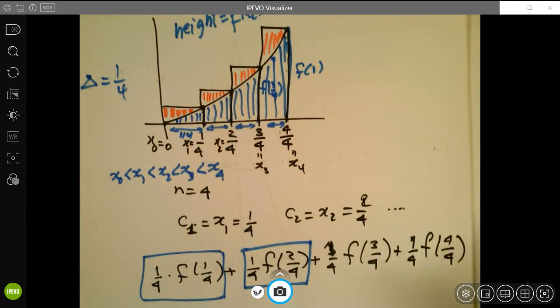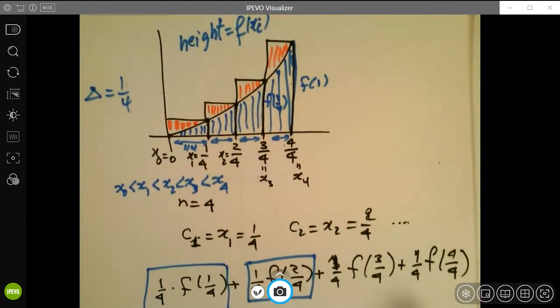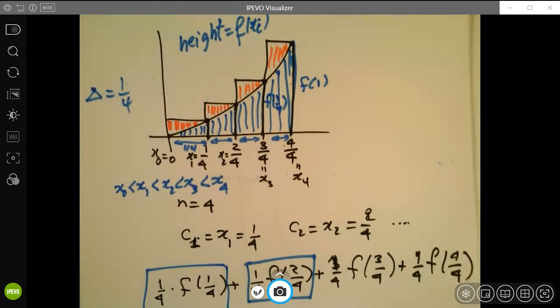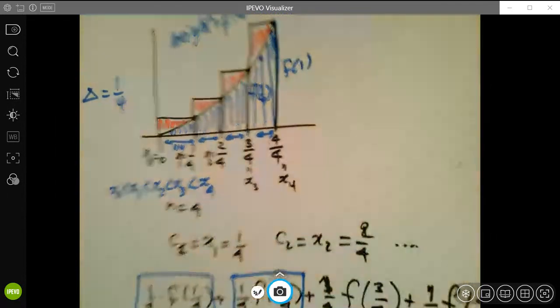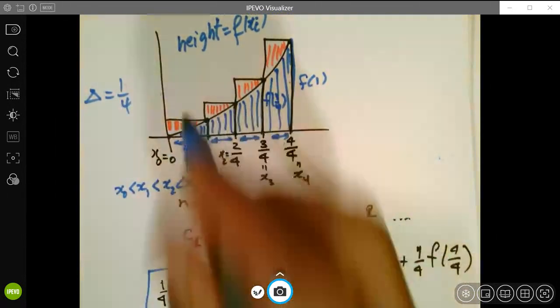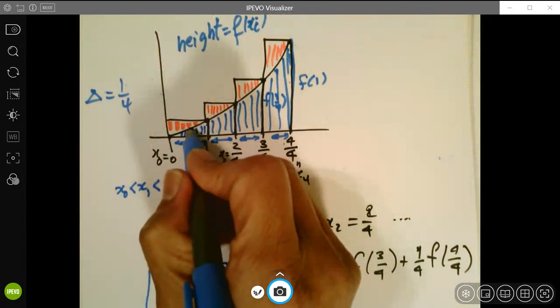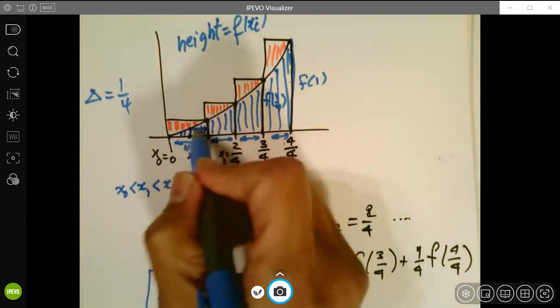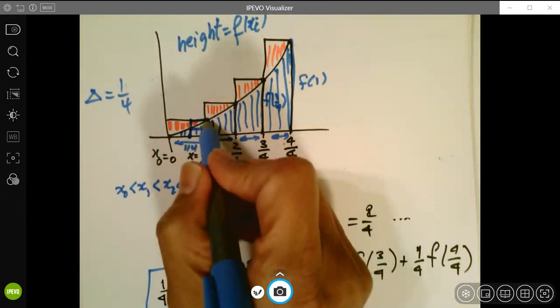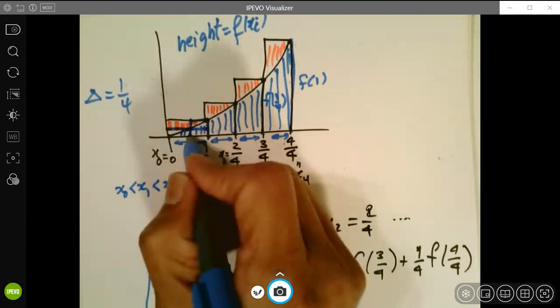Now, what we do, we increase the number of subdivisions. If we increase the number of subdivisions, this is what will happen. Actually, it will cut each one in half. If you take 1/8, what will happen? You go all the way to here and you cut here. This is the first one.